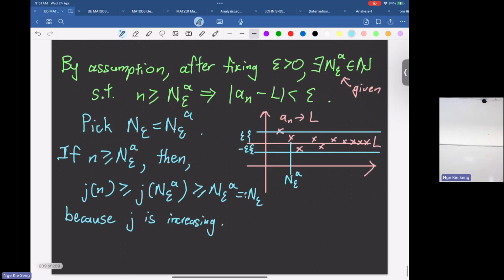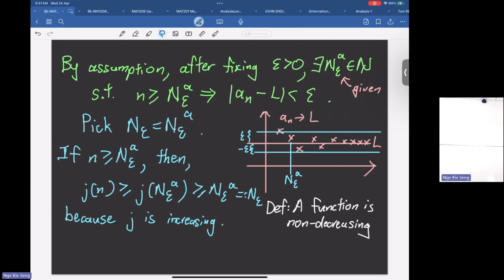Let's recall: a function f is increasing if, for x less than or equal to y, let's do it less than or equal first, and then do strictly increasing next time.